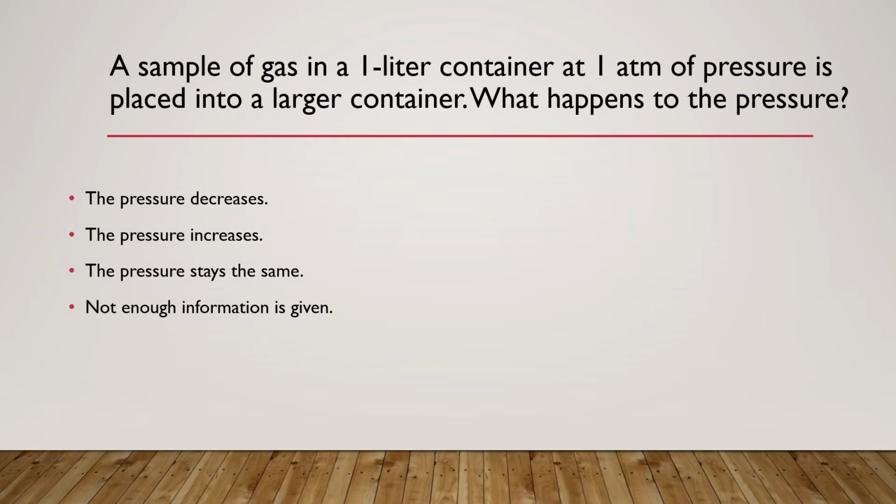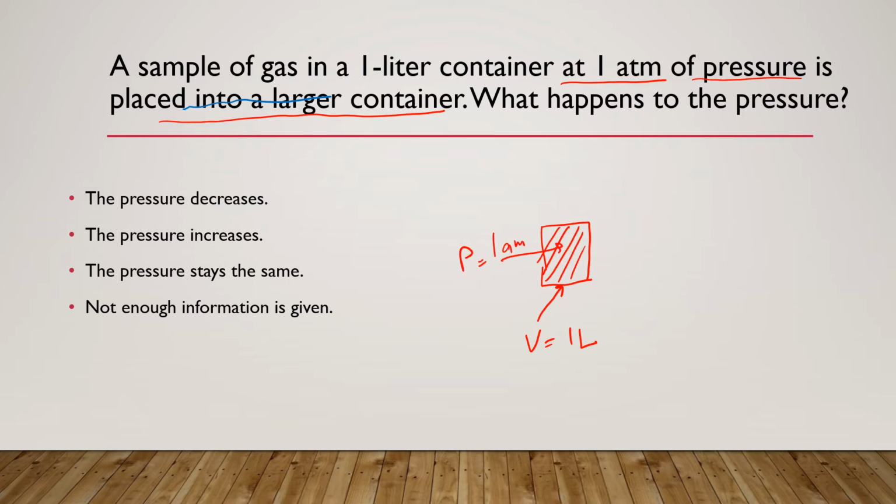A sample of a gas in 1 liter container at 1 atmosphere of pressure is placed into a larger container. What happens to the pressure? Okay, so let's draw a picture of what happened. So we have a gas inside a container. The volume of this container is 1 liter and the pressure inside the gas is also 1 atmosphere.